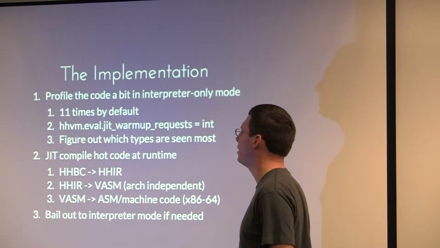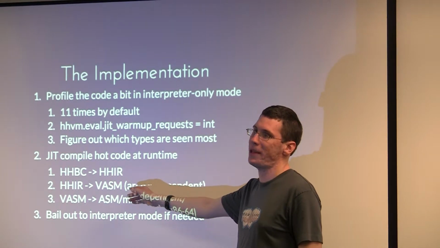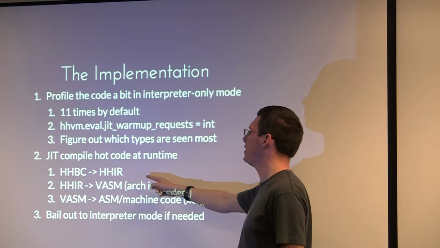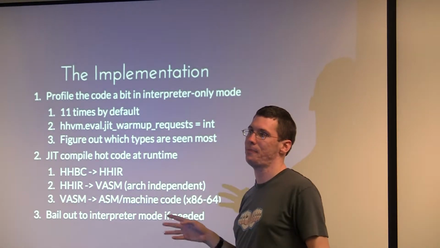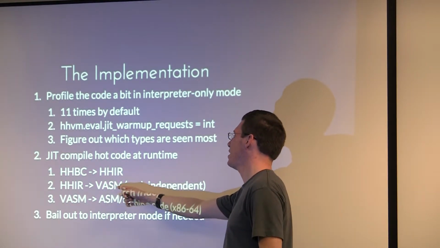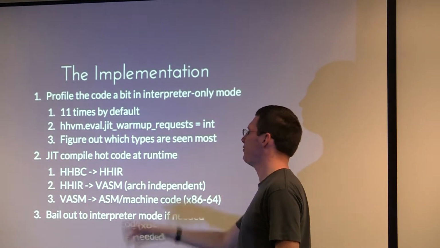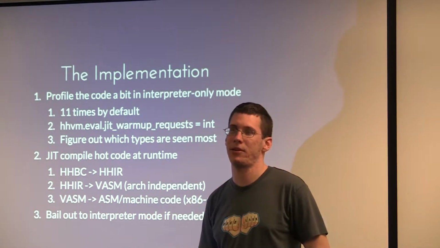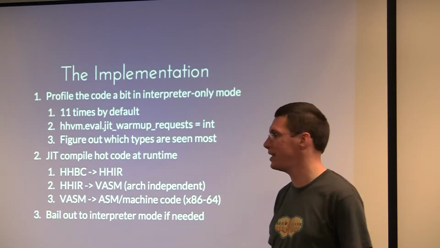You go from this HipHop bytecode, which is very similar to your PHP opcodes in the mainline runtime, then to the HipHop intermediate representation, which is, again, you end up with a couple of different intermediate representations, architecture independent assembly language, and then finally your lovely x86 assembly language that goes fast and breaks things.